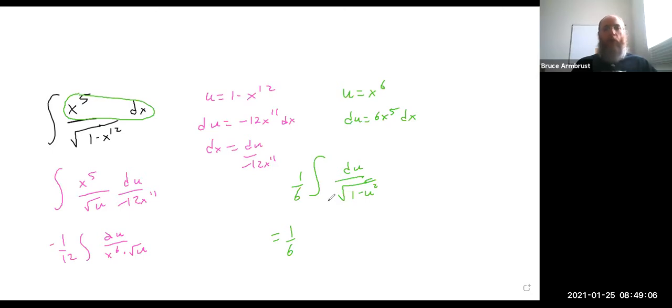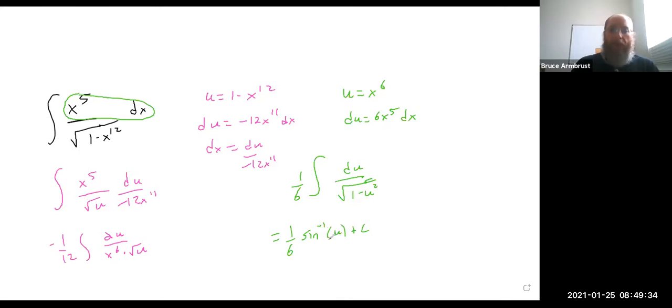What gives us a form 1 over the square root of 1 minus u squared? Yeah, good. Inverse sine. So this is going to be inverse sine of u. And it's just plain old u because this is 1. Right? This is the a squared minus u squared. So it's u over a or u over 1.